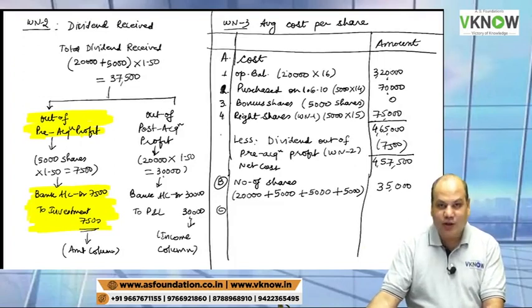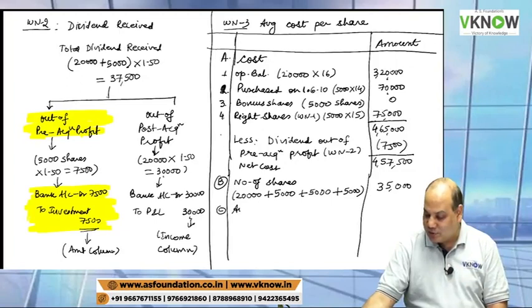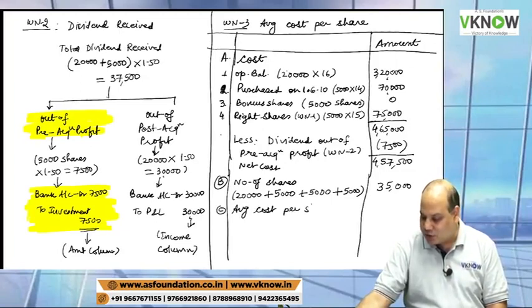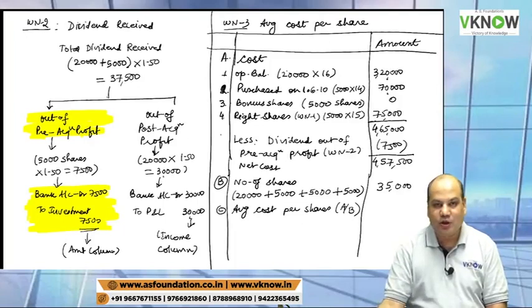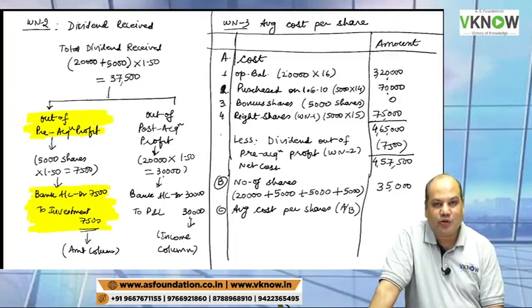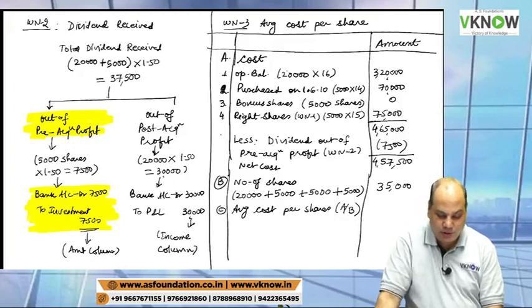Point number C. What is average cost per share? A upon B. Take 4,57,500 and divide by 35,000.